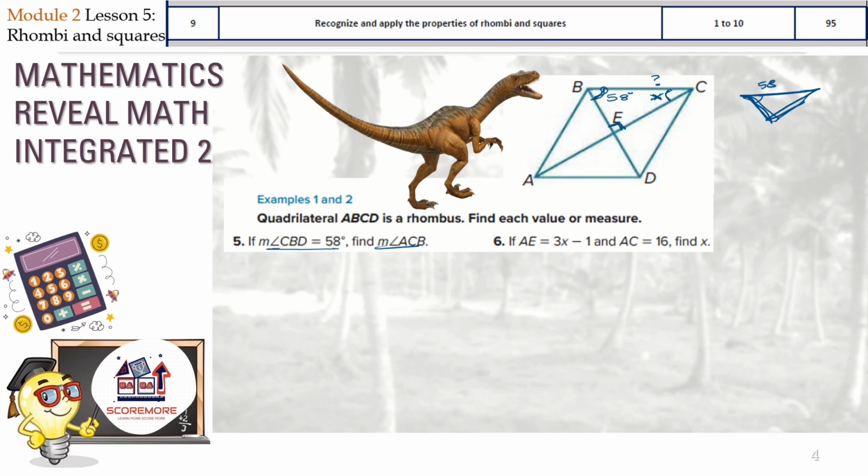But make sure when you write the angles, cross-check, make sure that you write it correctly. As you know, the sum of the angles of a triangle always makes 180 degrees. Add all the angles, 58 plus 90 plus x, which is 180 degrees. Solve for x, you will get the answer.